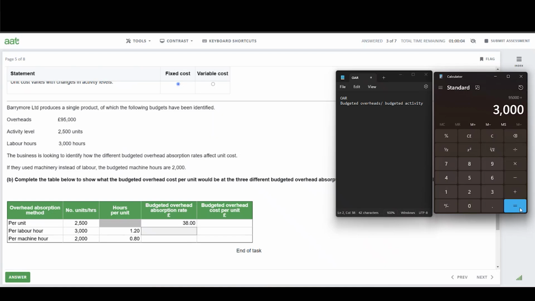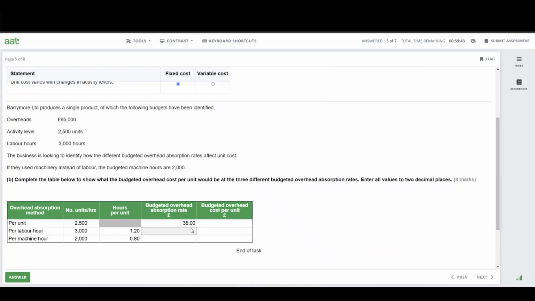Divided by 3,000 gives us an overhead absorption rate of 31.6666 recurring. We need to round this to 2 decimal places, so we'll look at that third digit. That's above 5, isn't it? So that means we're going to round up to 2 decimal places. So the answer will be £31.67.